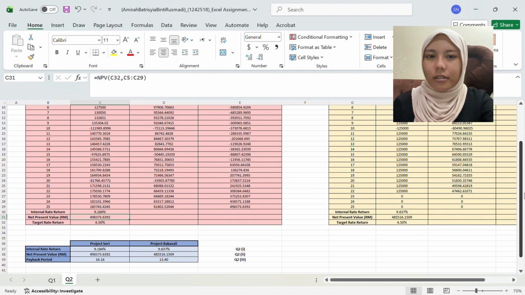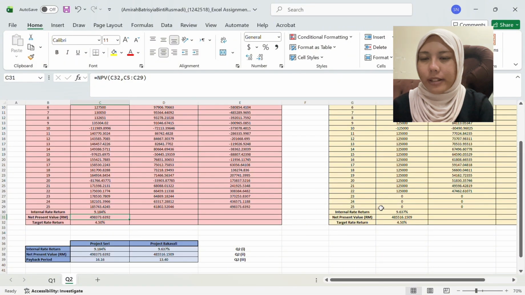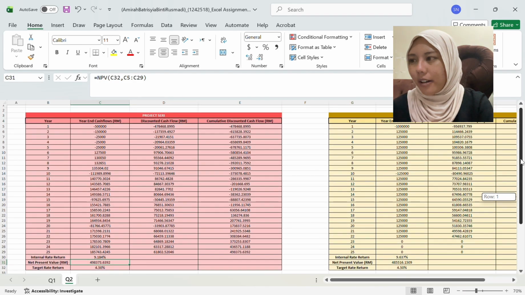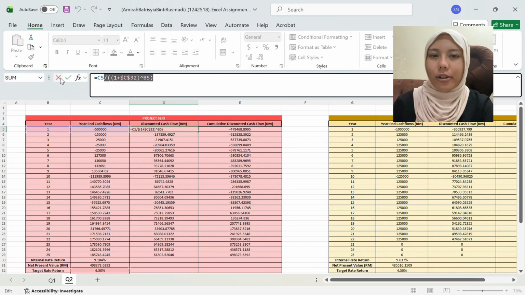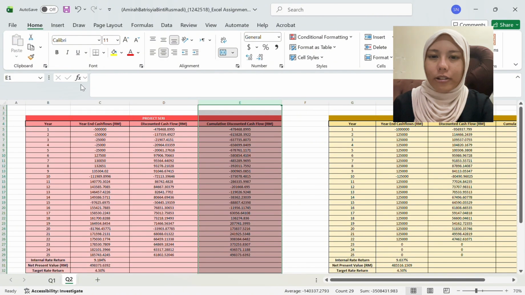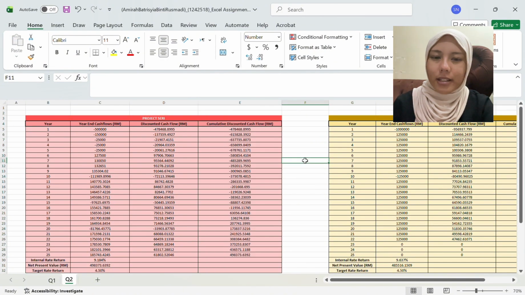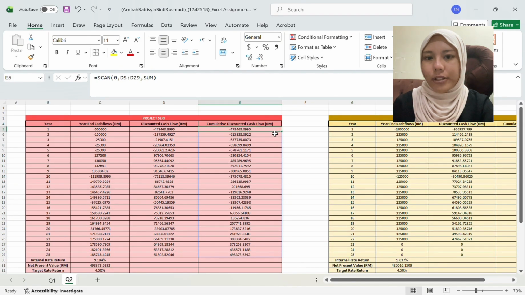To support the analysis, in column D calculate individual discounted cash flow in cell D5 using this formula over here, dividing raw cash flow by the discount factor for that year. In column E, cell E5, construct the cumulative discounted cash flow column using this formula over here.